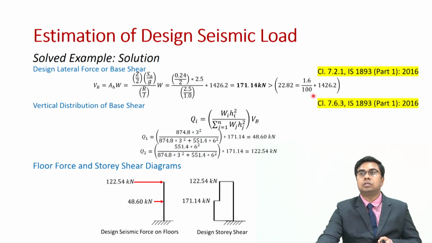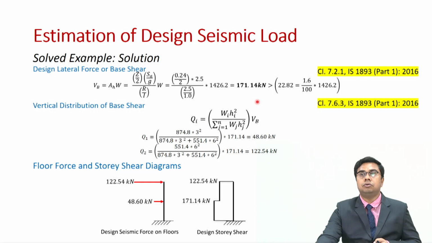So 1.6% of seismic weight is 22.82 kilonewton. Our estimated design base shear is much higher than that, so it is all right. So our design base shear on the building shall be 171.14 kilonewton.